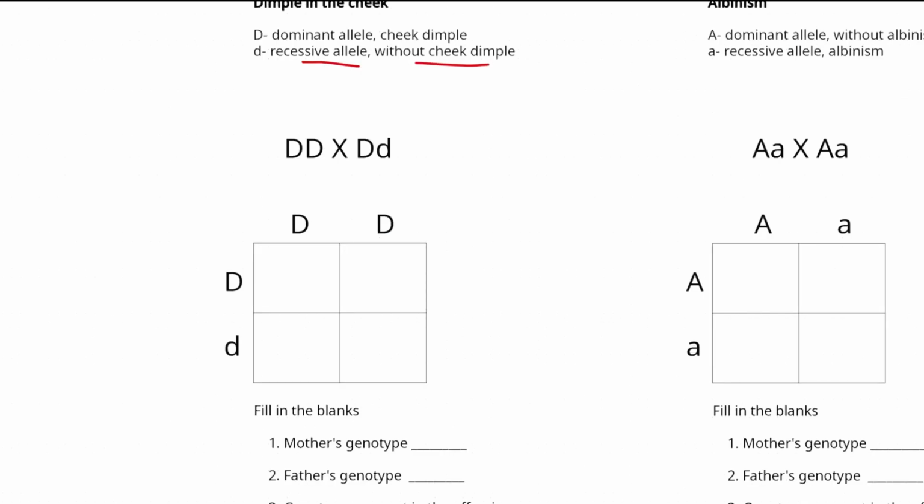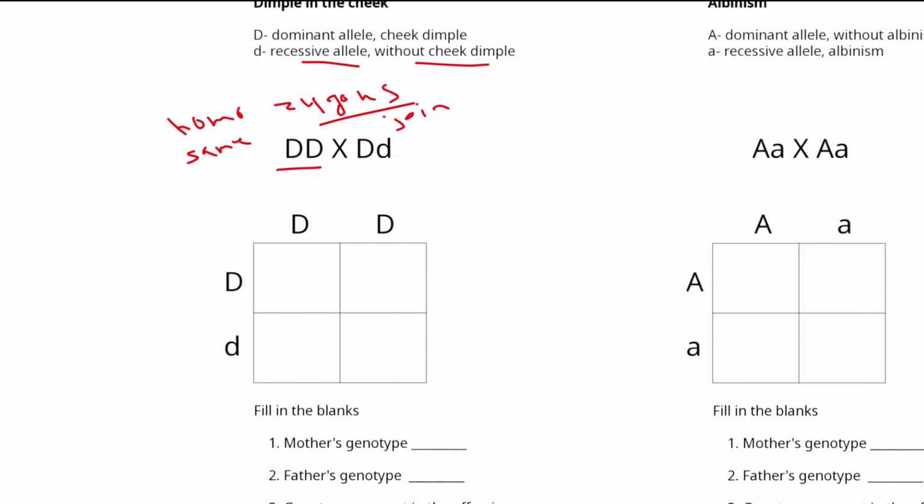In this case, it shows 2 capital Ds, and if you think of the term homozygous, homo meaning same, and then zygous meaning to join or unite. So we have 2 alleles, and alleles are just copies of a gene.